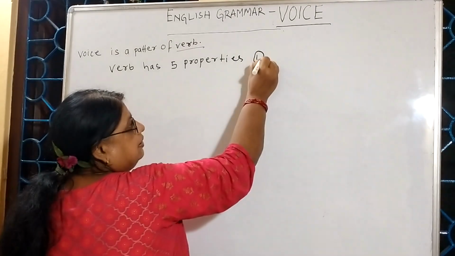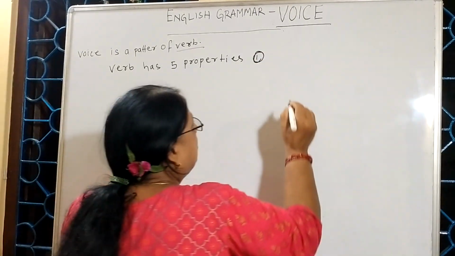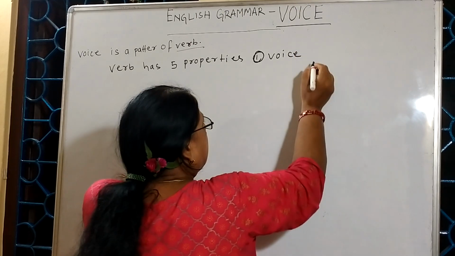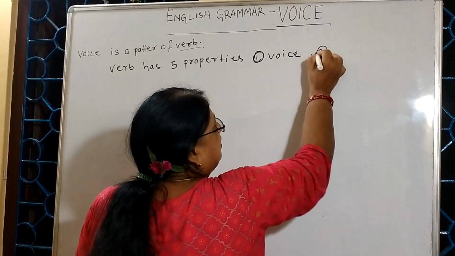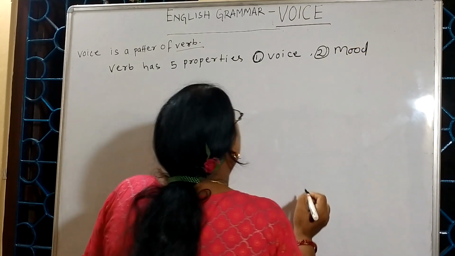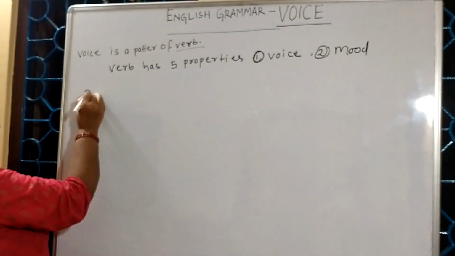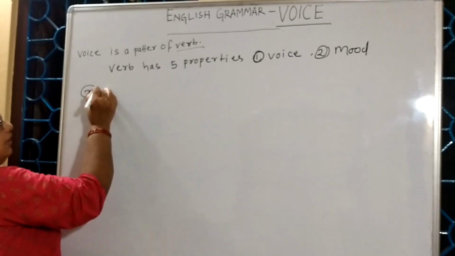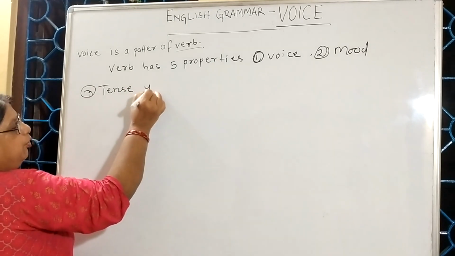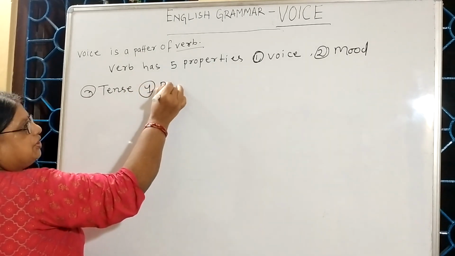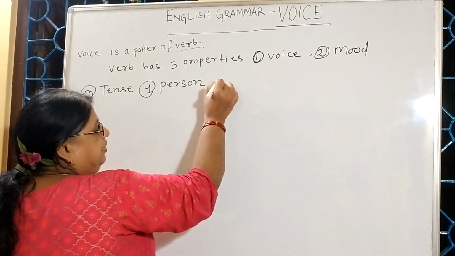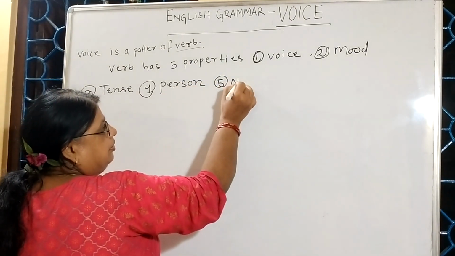One is voice, second is mood, third is tense, fourth is person, fifth is number.